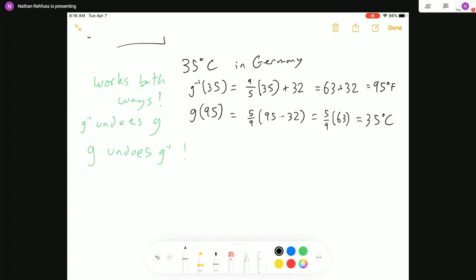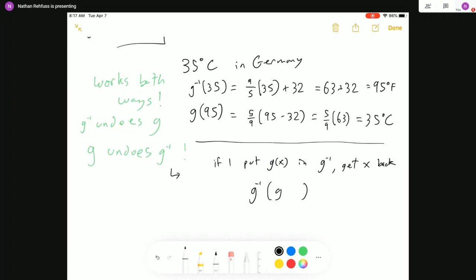Let's think about the implications of this for a second. If I put G of X in G inverse, I get X back. So in other words, if I take G inverse and I put G of X into it, I get X back.